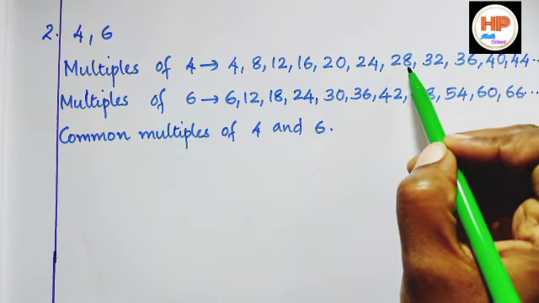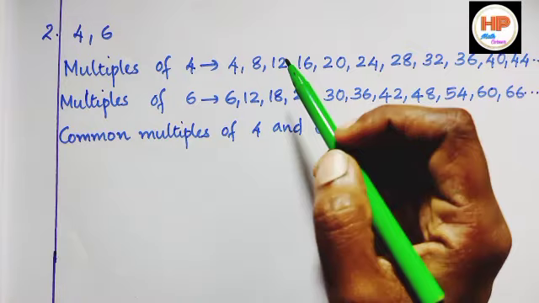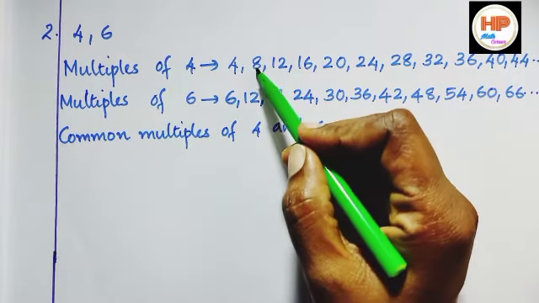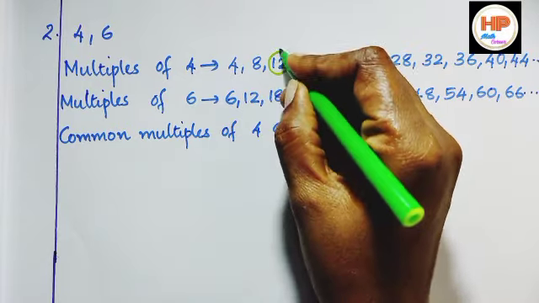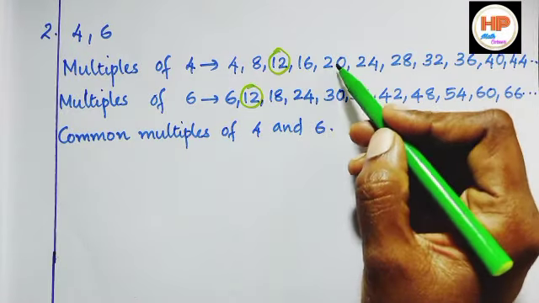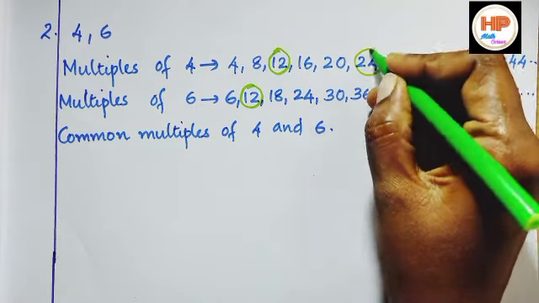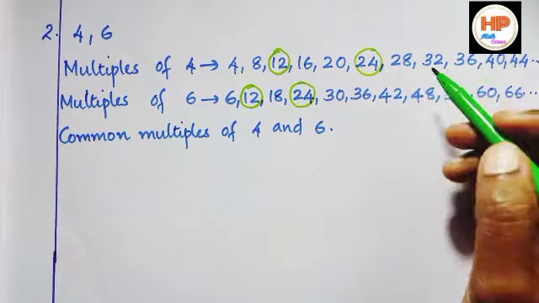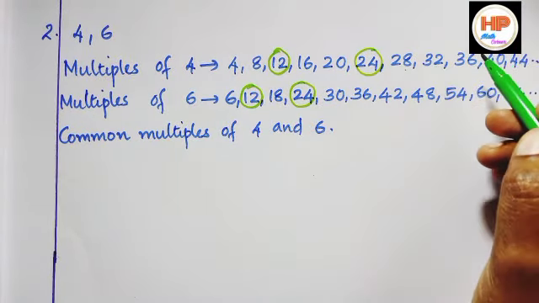Yes, let us have a look at every number. Here 4 is not there, 8 is not there, but 12 is there. So we can take 12. Next, 16 is not possible, 20 not possible, 24. 28 not possible, 32 not possible, 36.